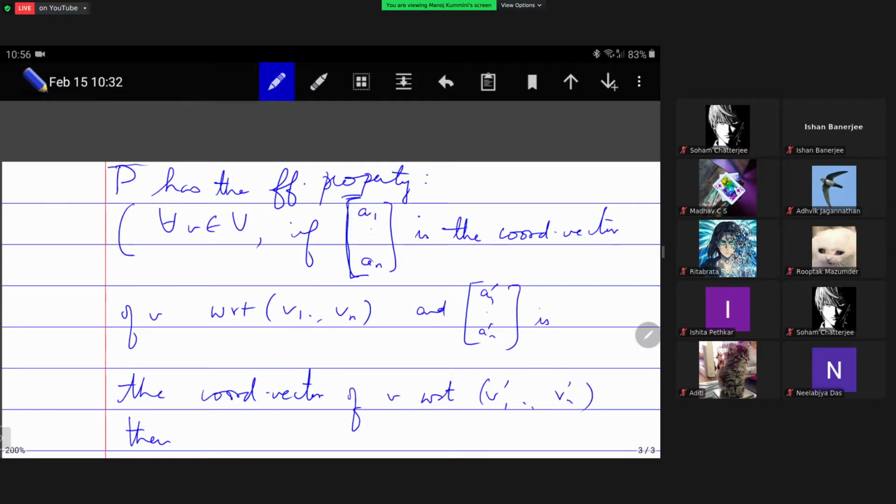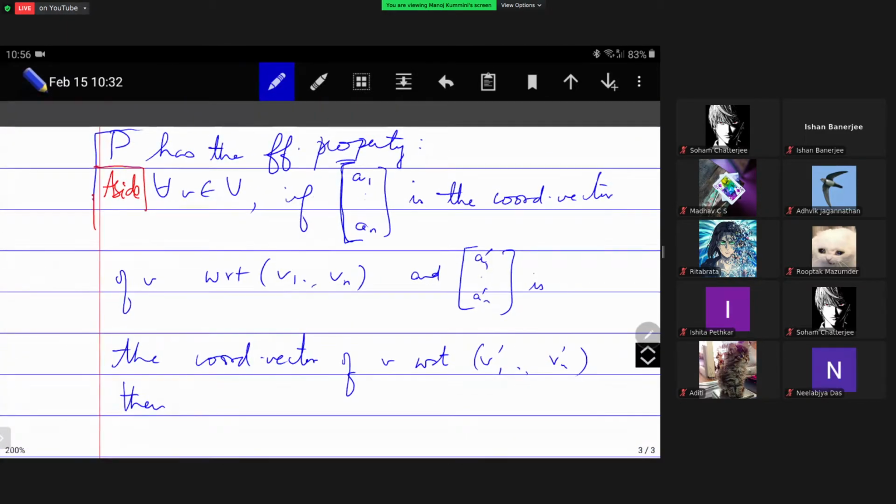This is an aside, just to clarify what we mean. This is not part of the proposition. I'm just clarifying what we mean by matrix for change of coordinates. With respect to the v basis, we have a coordinate vector.